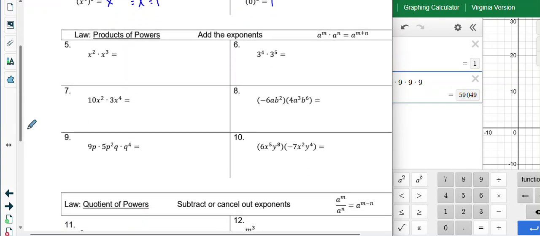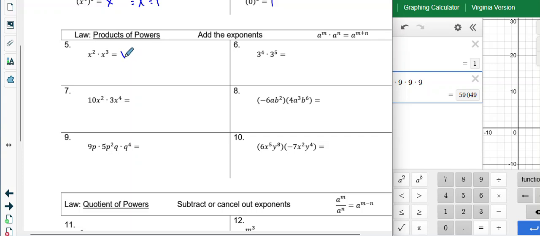That comes in handy. All right, for this one, this is where if you have the same base, you add the exponents. Also, I'll tell you what happens in these 3 situations where you have coefficients out in the front, even number 7. But let's go ahead and do 5 and 6 first. There are simpler examples. So you have x squared times x cubed.